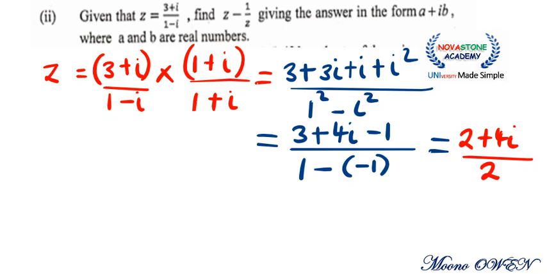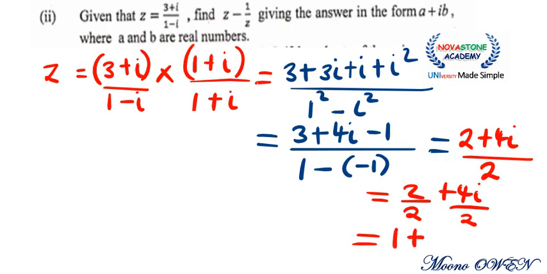Now what I'm going to do here is separate. I'm going to have 2 over 2 plus 4i over 2. I've just separated the denominator. Now 2 over 2 is just a 1, plus 4i over 2 gives me a 2i.